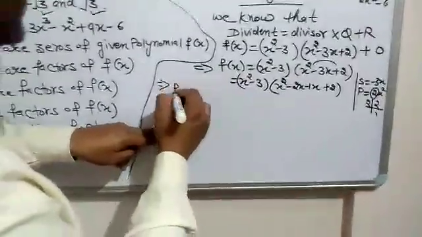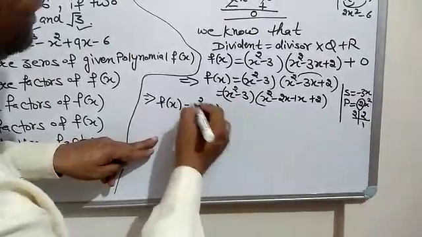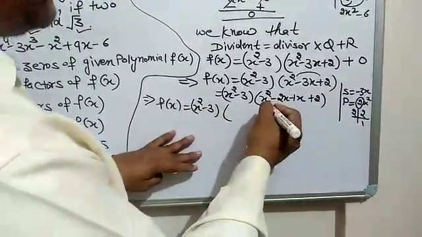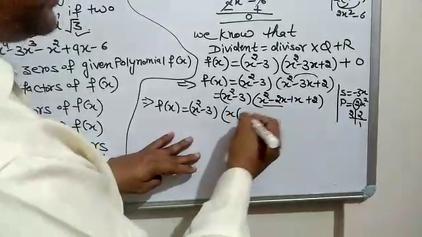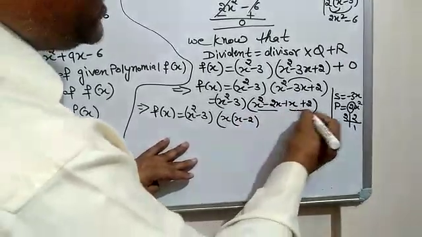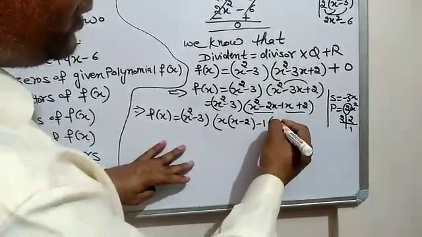It further implies f of x is equal to what? x square minus 3 into x square minus 3 into, see, out of these two, x is common to us. So here is what? x minus 2. Out of these two, minus 1 is common to us. Here is what? x.